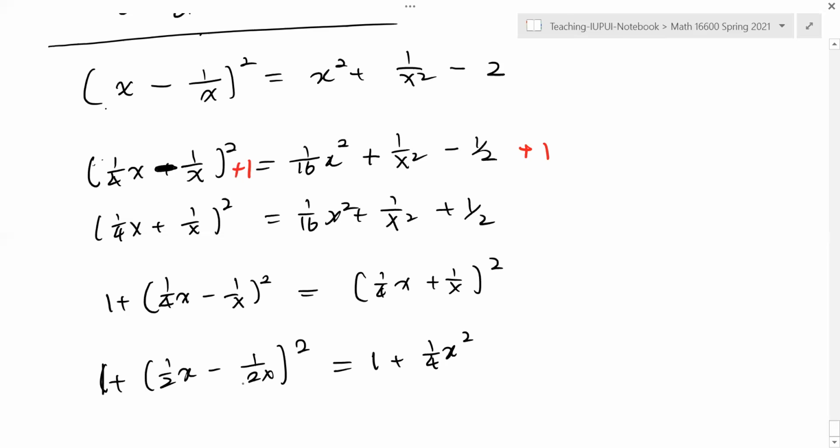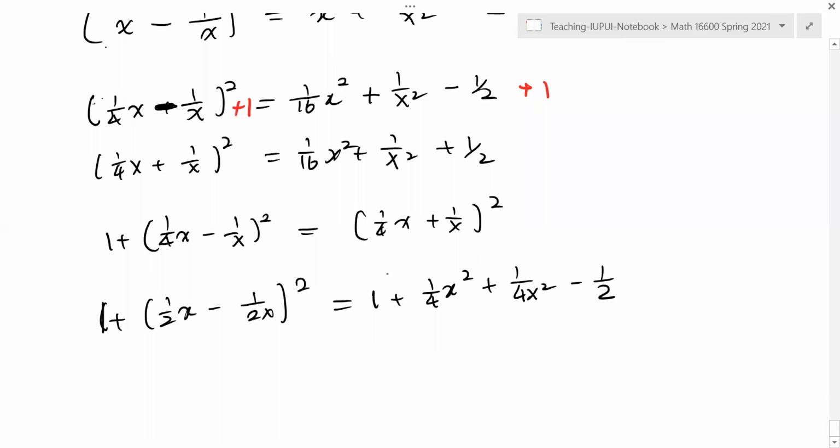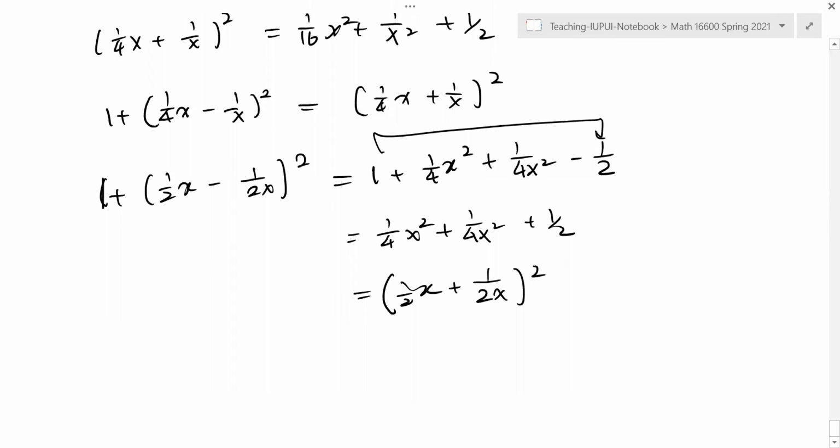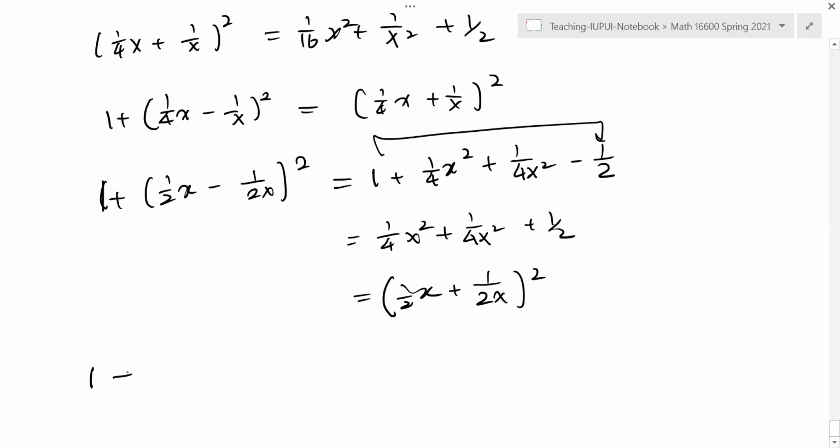When I multiply this out, it's going to be negative 1/2, and negative 1/2 plus 1 becomes positive 1/2. If it's positive 1/2, you get half of x plus 1 over 2x, squared. So we have two versions of the formula. Let me summarize it. I can write it like this.